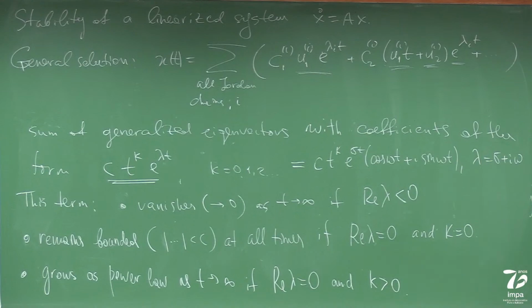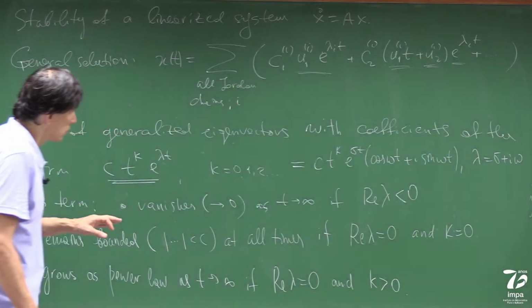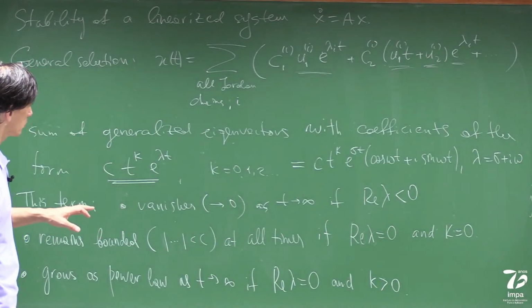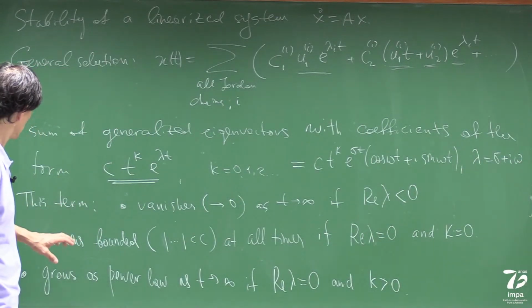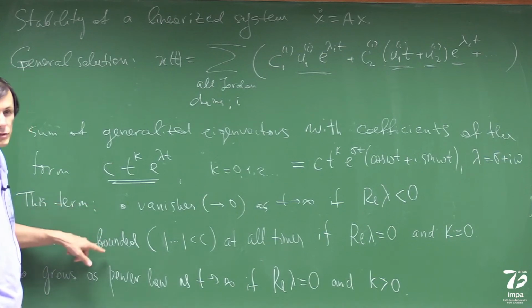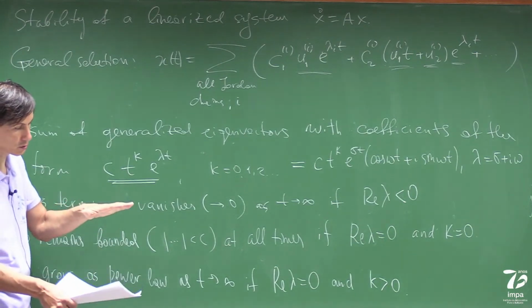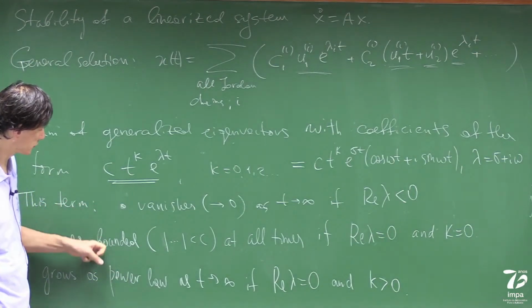So what you can see is that for stability, the first two cases are compatible with stability because they don't grow, and we need to keep the solution bounded.